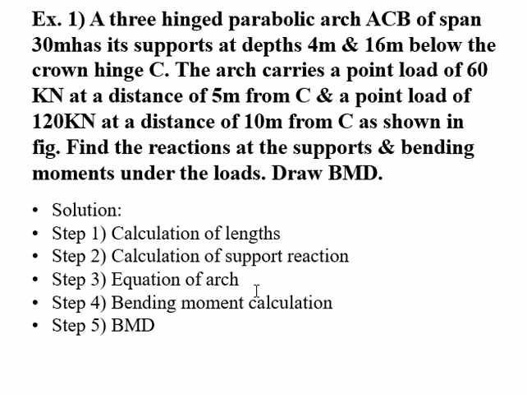Then calculation of support reactions. For that, you know there are 4 equilibrium conditions: summation Fx = 0, summation Fy = 0, moment at the crown point = 0, and moment at any support = 0. From these we can calculate the support reactions. Then the equation of the arch, then bending moment calculation.